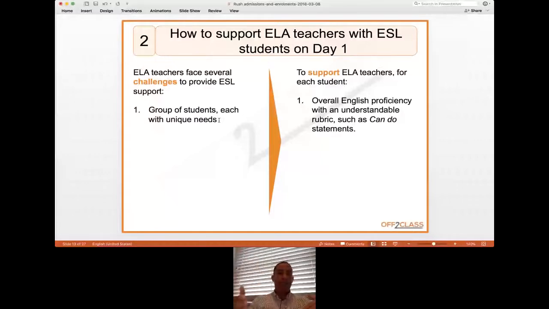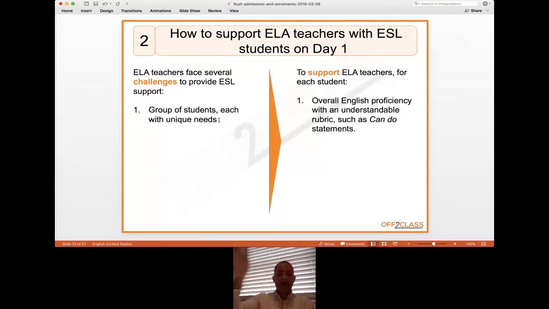They will have learned English at their previous school. They may have gone to a private language institute. They may have gone on a summer travel experience to beef up their English. So they're all going to have different experiences of learning English, and by the time they arrive on our doorsteps, they're all going to have their own unique needs.